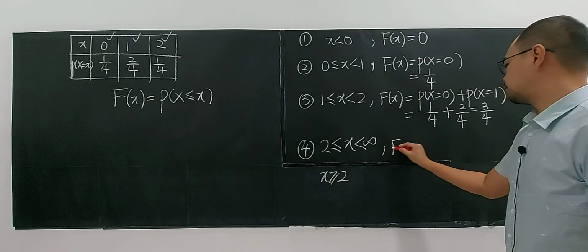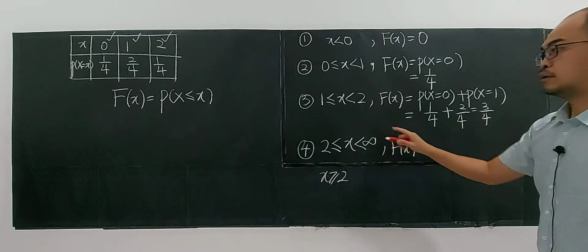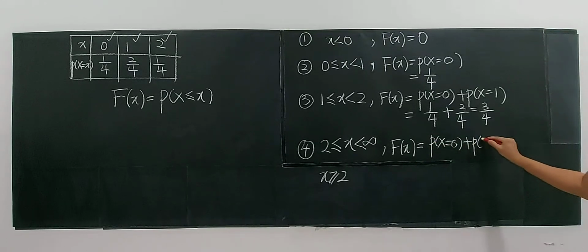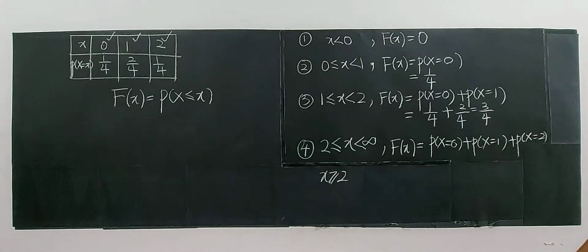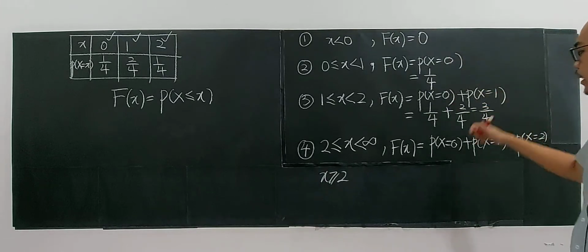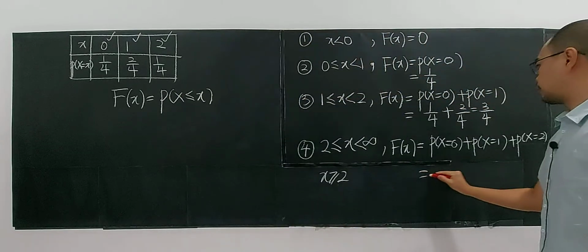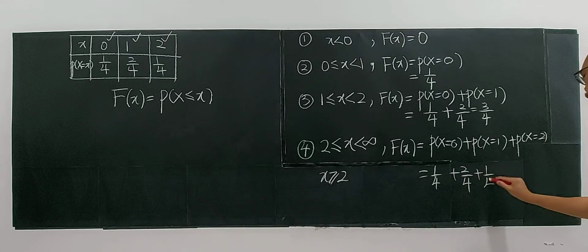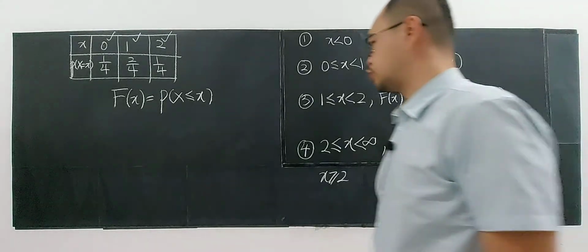So the cumulative distribution function will be P of X equals 0 plus P of X equals 1 plus P of X equals 2, up to 2. You add up all the probability finally: 1 over 4 plus 2 over 4 plus 1 over 4 gives 4 over 4, which is 1. We start with 0 and we end with 1. This is a cumulative distribution function.